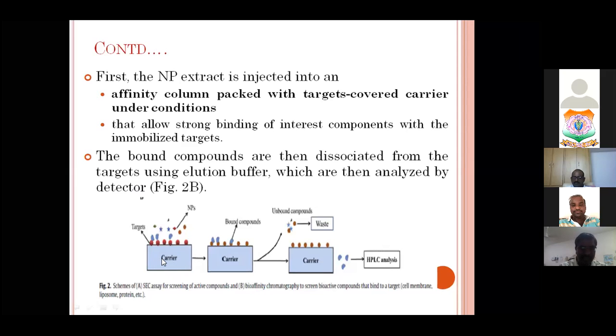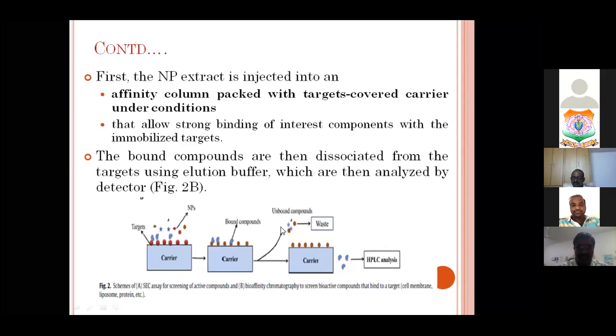See, this is the carrier. Carrier means maybe silica gel and having a target. These are the cell, or maybe DNA, or maybe some particular enzyme, or maybe some particular protein, and these are the natural product extracts. See, once they enter into this, the compounds are going to bind to these targets. These are the targets.